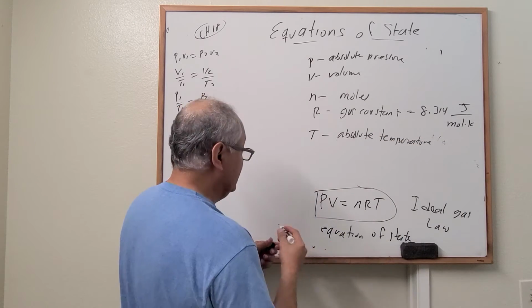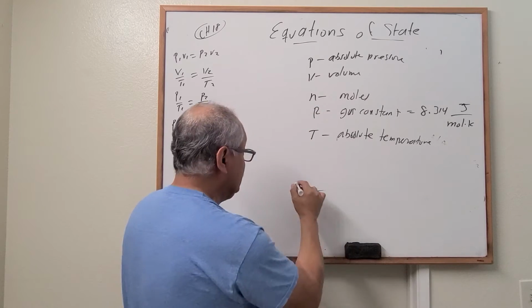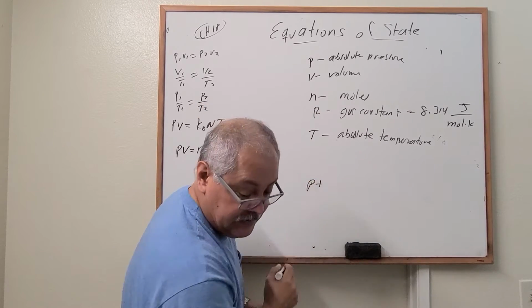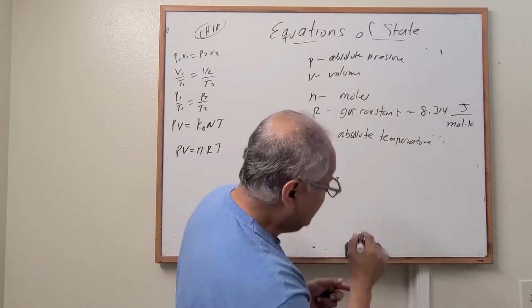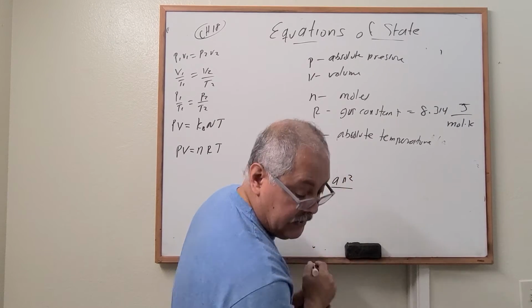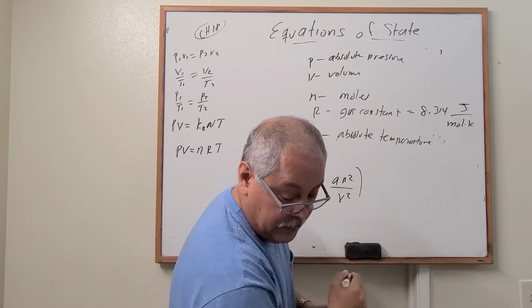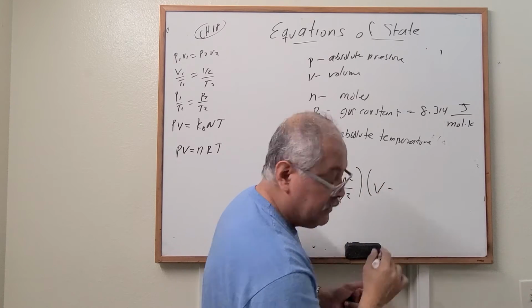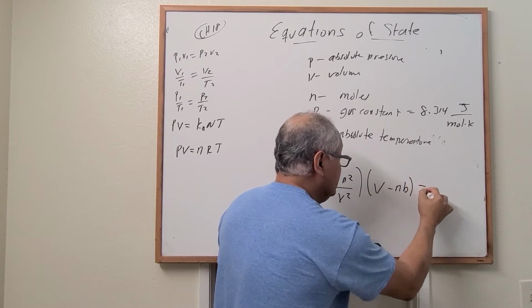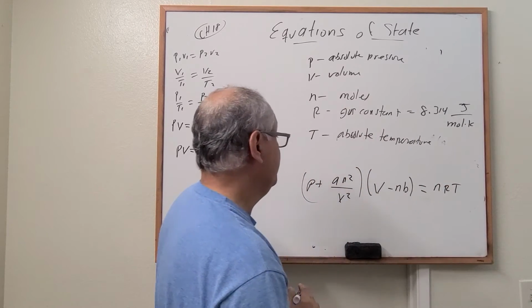It says that pressure plus a times n squared divided by V squared, times volume minus b, equals nRT.